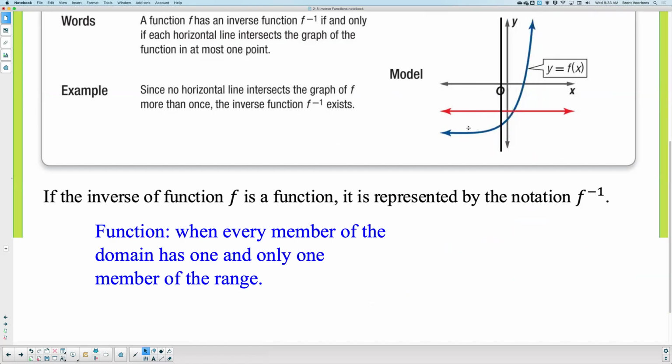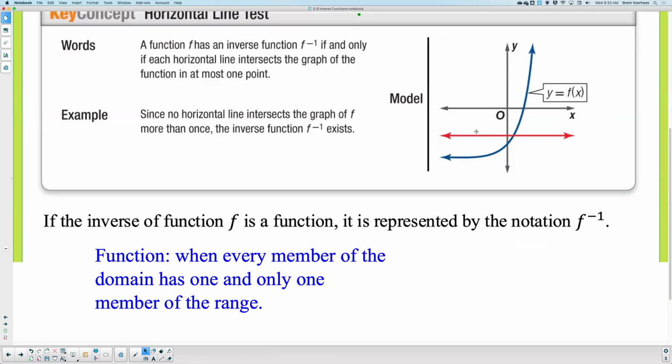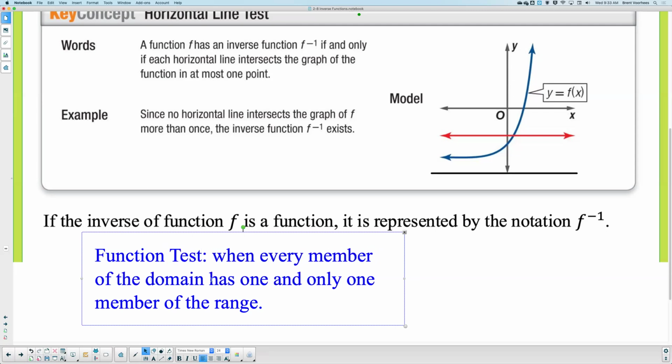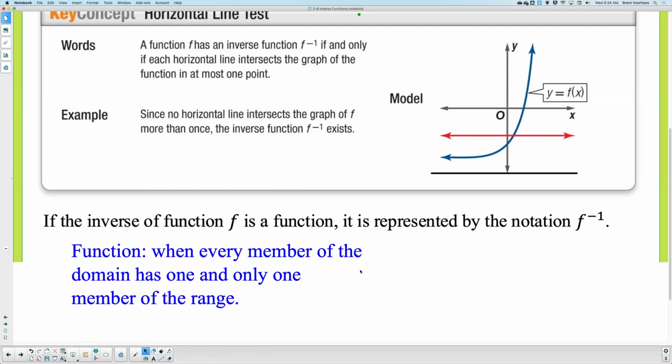Well, for an inverse function, you don't use a vertical line test, you use a horizontal line test. Because what that's going to do is check to see if every member of the range has one and only one member of the domain. So that's for a function test. To be a function, it's a function when every member of the domain has one and only one member of the range.